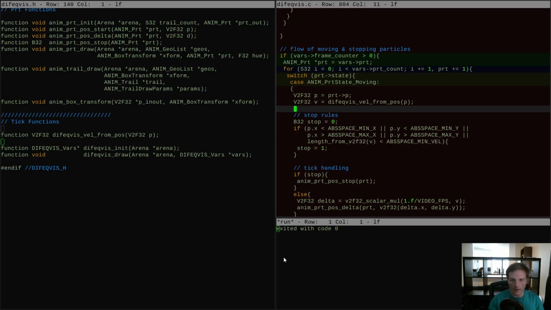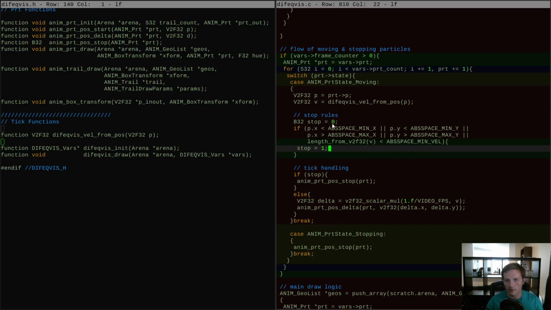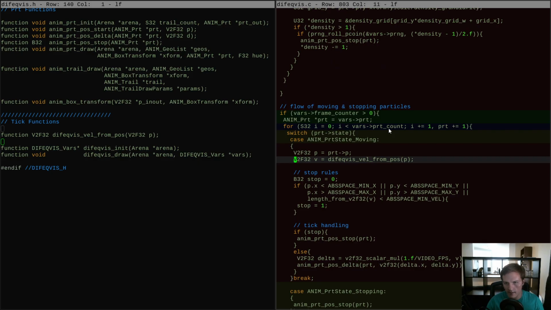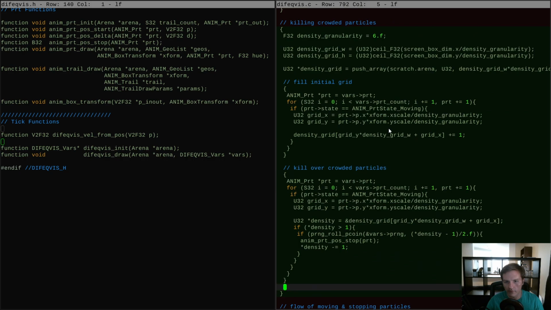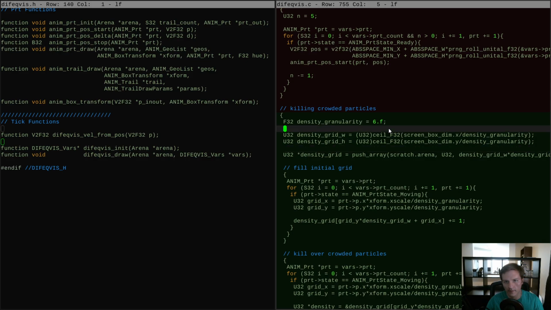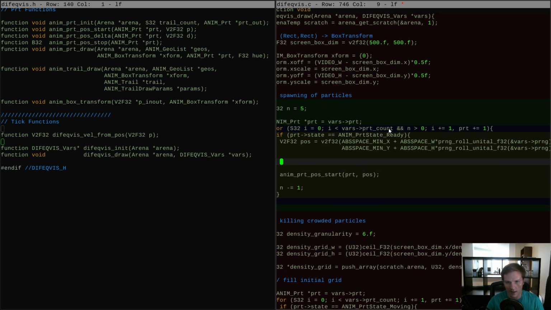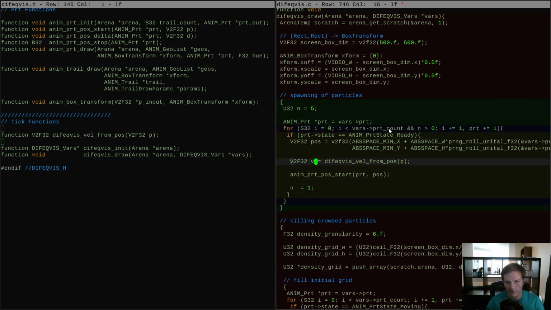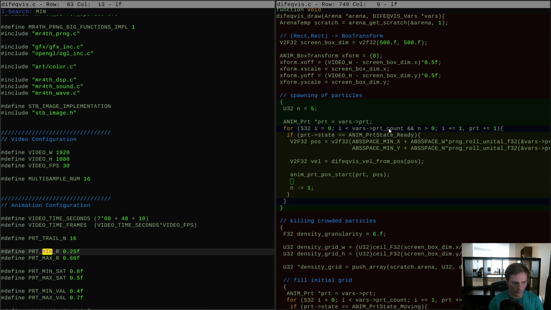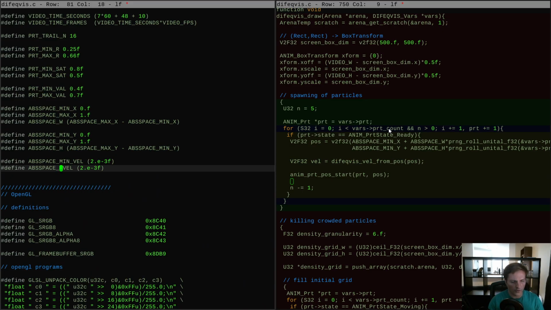So now what I can do is rely on the fact that the velocity is known from the position, functionally. When I spawn in a particle, I calculate a position, and I can test if the velocity for this position is, we have a min velocity. We're also going to have a spawn min velocity that can be a little bit higher, like this or something.